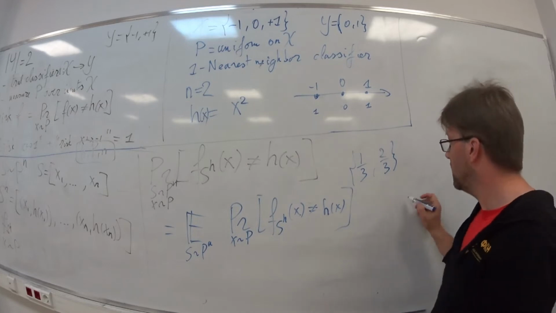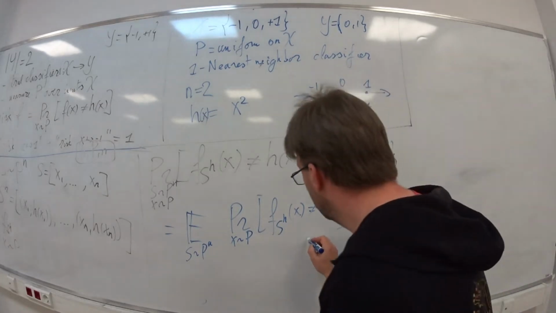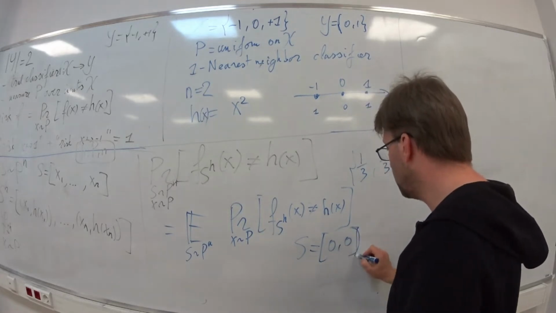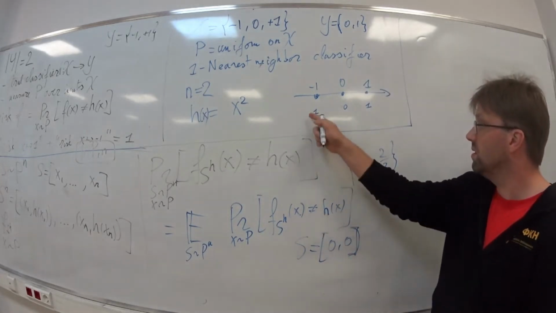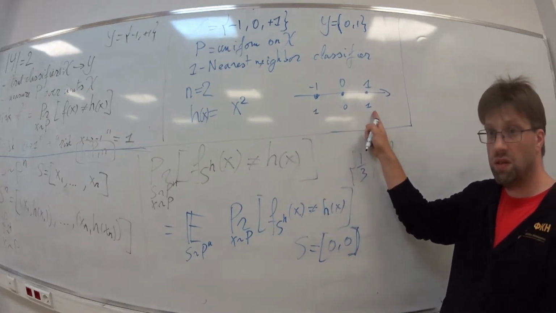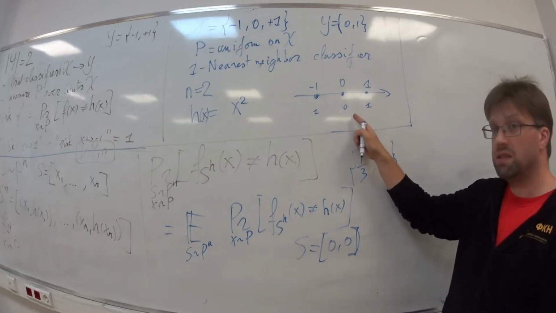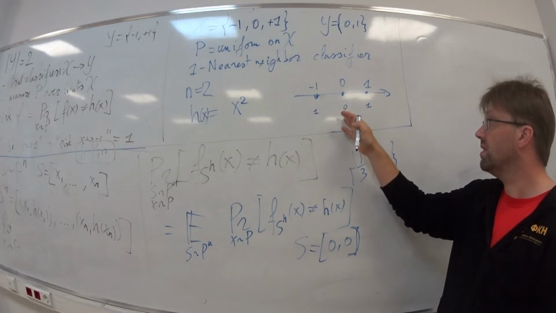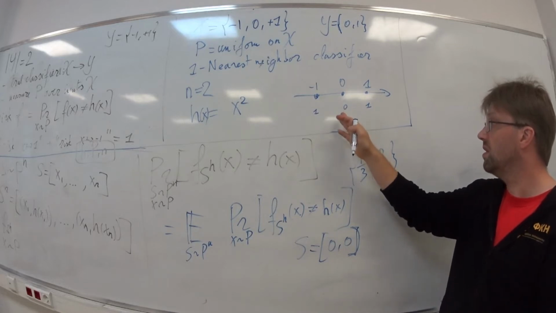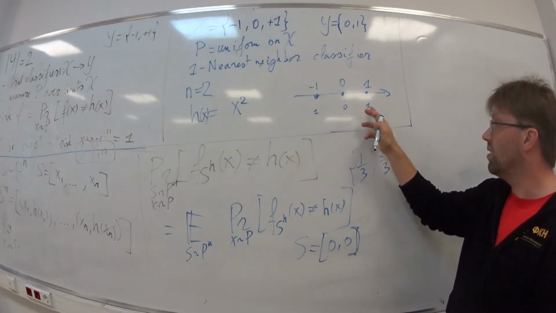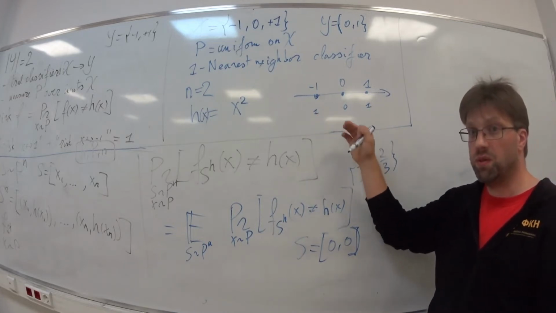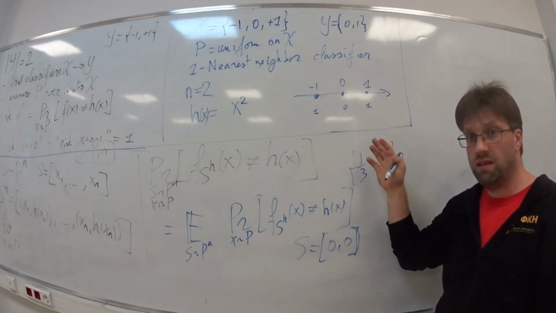So when S is equal to 0, 0, then there are 2 mistakes, because this is wrong and this is wrong. But in all other cases, we will have 1 mistake. If the points are different, then it's okay.